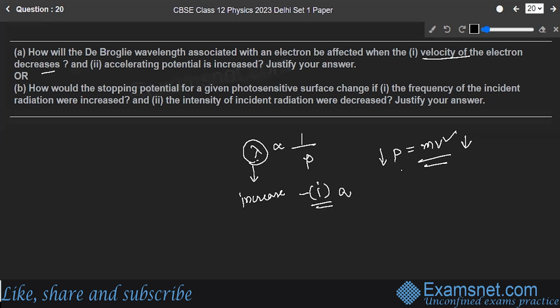Second one, the accelerating potential is increased. You have to justify your answer. See, as the accelerating potential is raised, the electron speed rises as well. If the speed is rising, momentum is also rising. So according to the de Broglie wavelength formula, the wavelength will decrease because it is inversely proportional to the momentum.